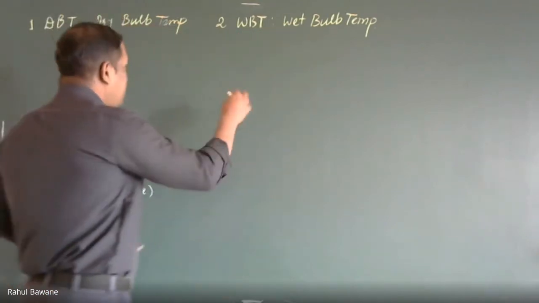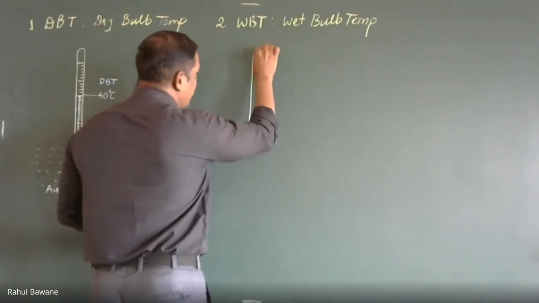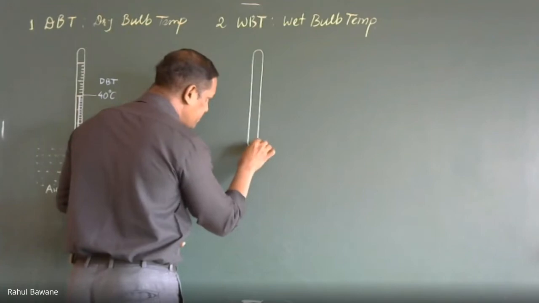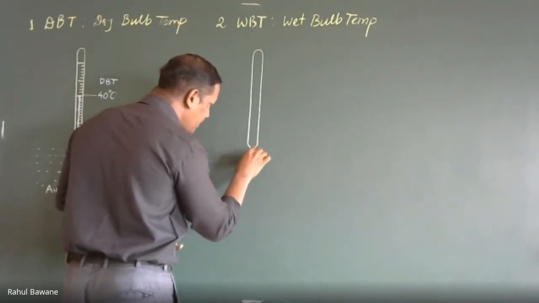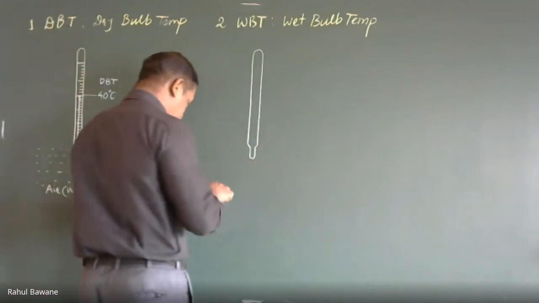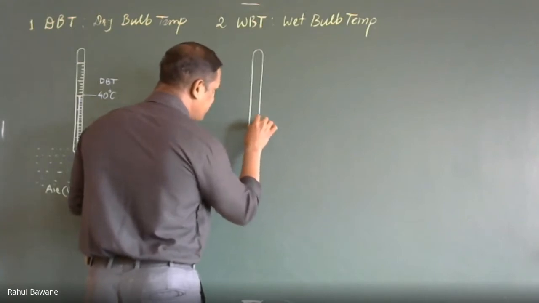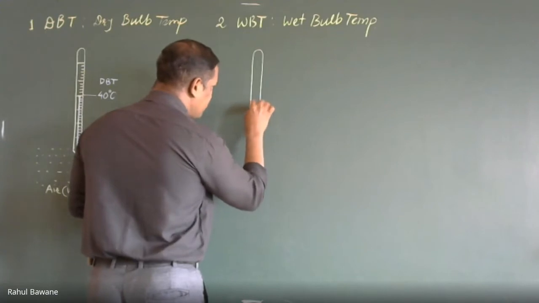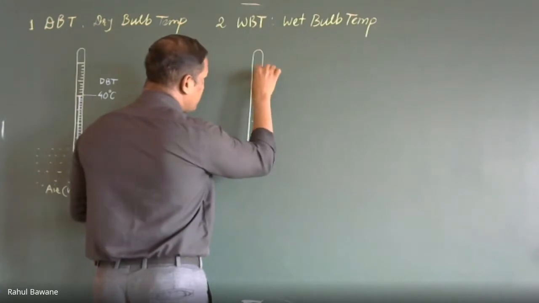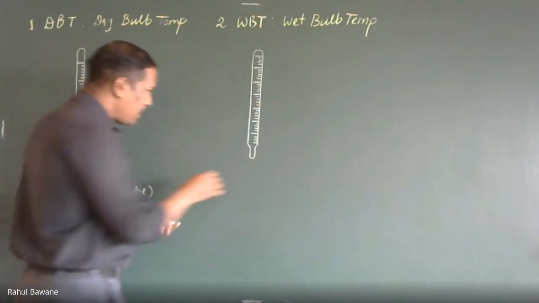So let's see. Suppose the same thermometer I am using to measure air temperature. Again, I am saying air is a mixture of dry air and water vapors. This is calibrated in degrees centigrade, so it will show the temperature in degrees centigrade. This bulb, same thermometer.